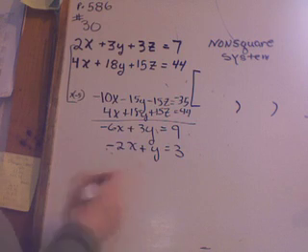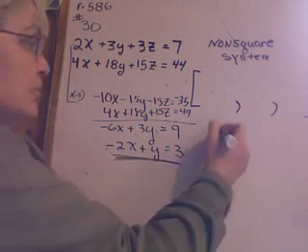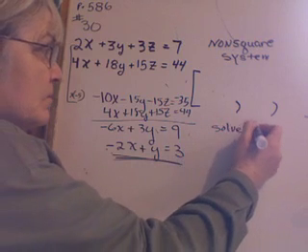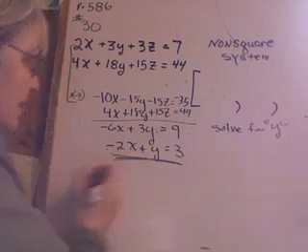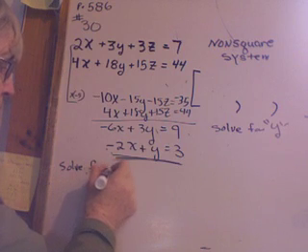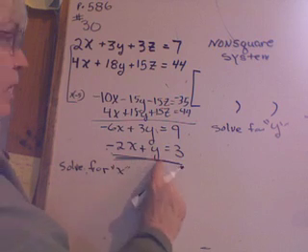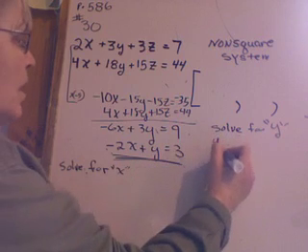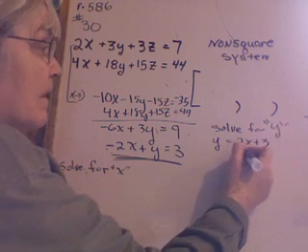And then I'm going to use this equation twice now. I'm going to solve it for y, and then again I'm going to solve for x, and use it 2 different ways. So when I solve this for y, I get y equals 2x plus 3.